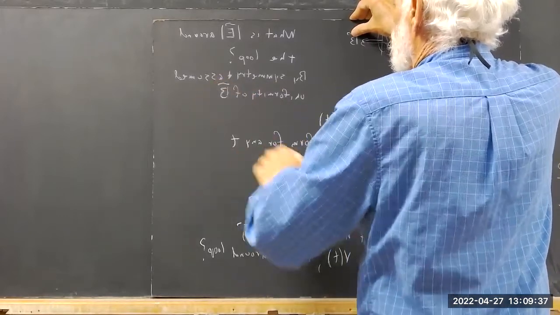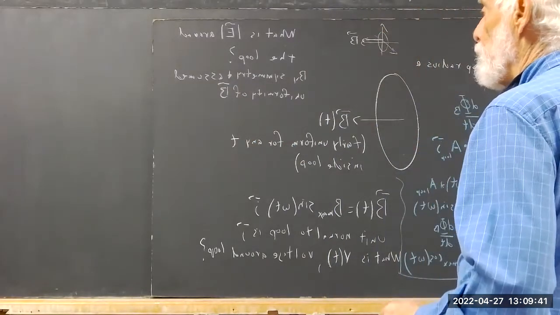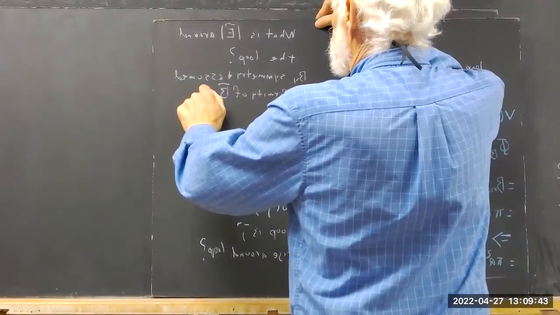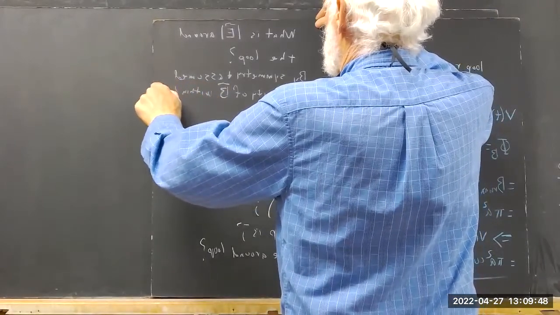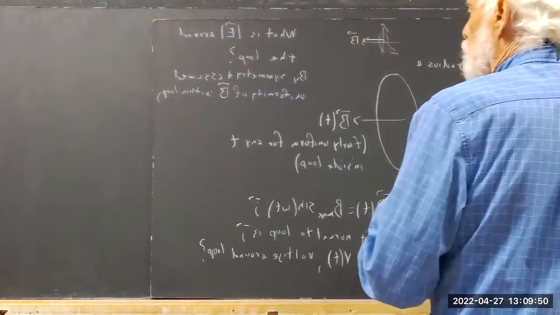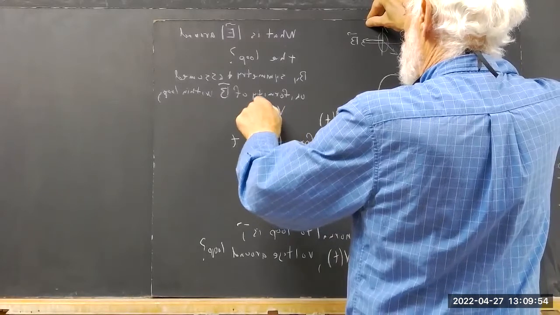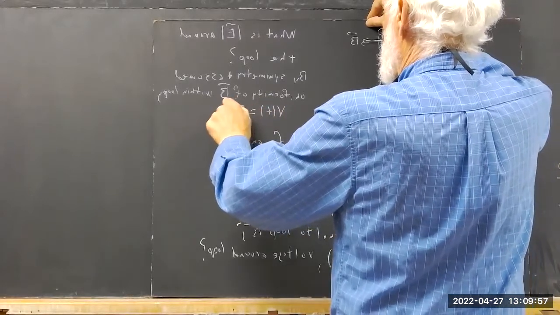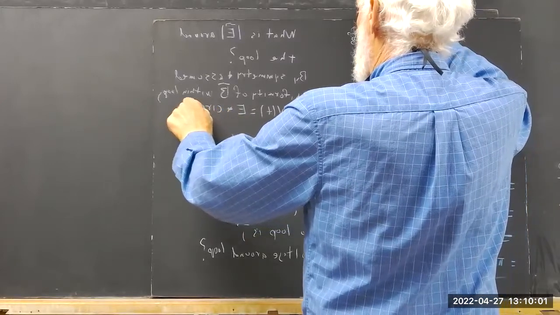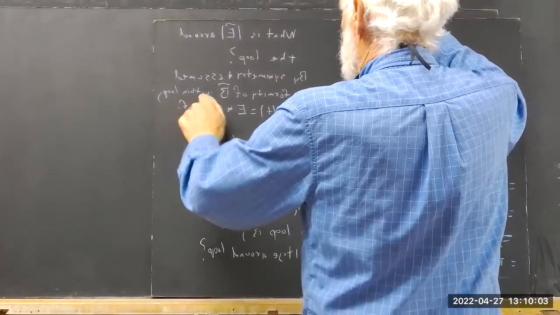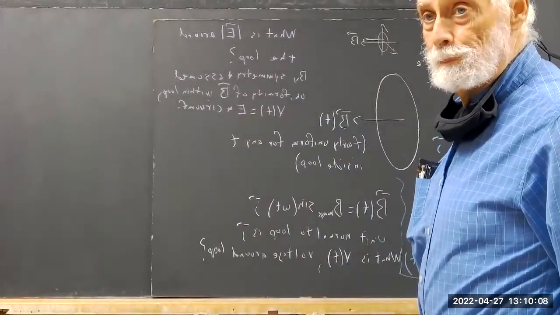I'll say by the symmetry and the assumed uniformity of B, within the loop, your voltage is your electric field times your circumference.